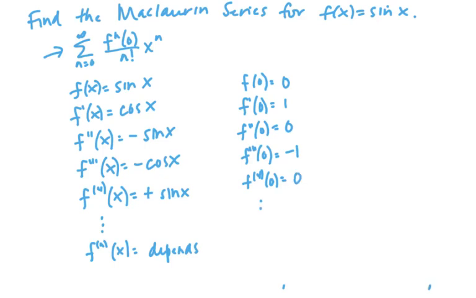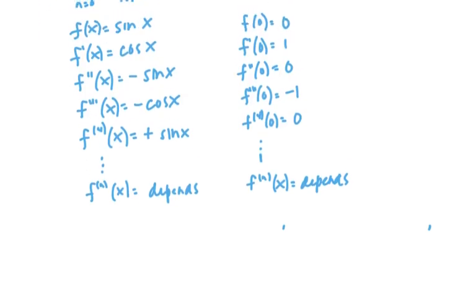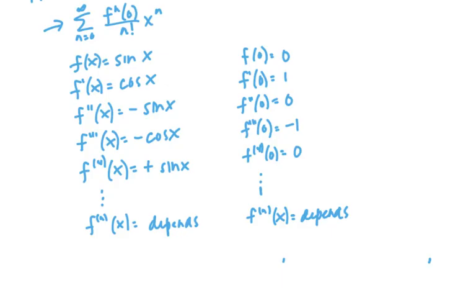Now again, we can't find our nth derivative because it depends upon where we stop. But let's look at this term by term and see what we can do there. So we know that we have the series n equals 0 to infinity of the nth derivative of f at 0 over n factorial times x to the n.